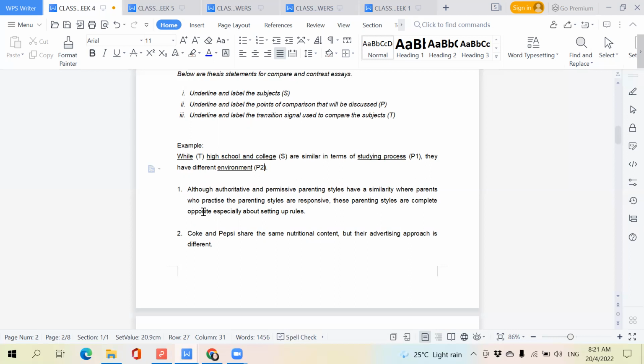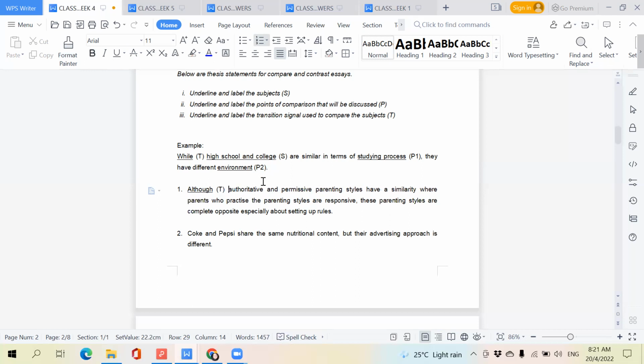All right. Okay, so let's see. Where is the transition signal? The main transition signal here. Although, all right, although is the main transition signal here. So I'll underline this. This is a T. Next, authoritative and permissive parenting styles.